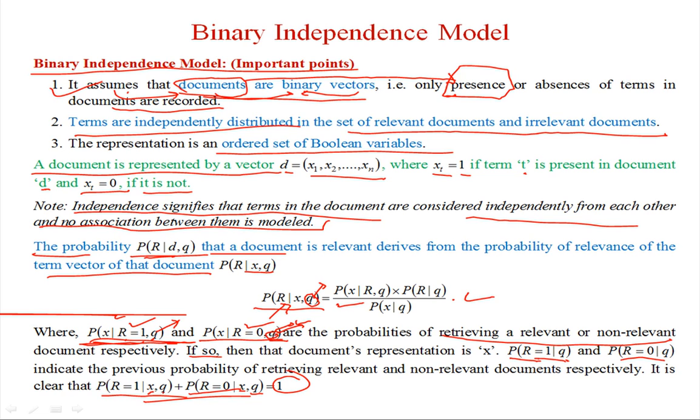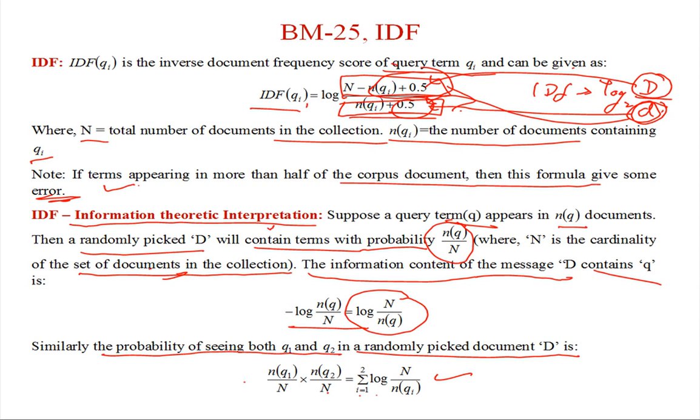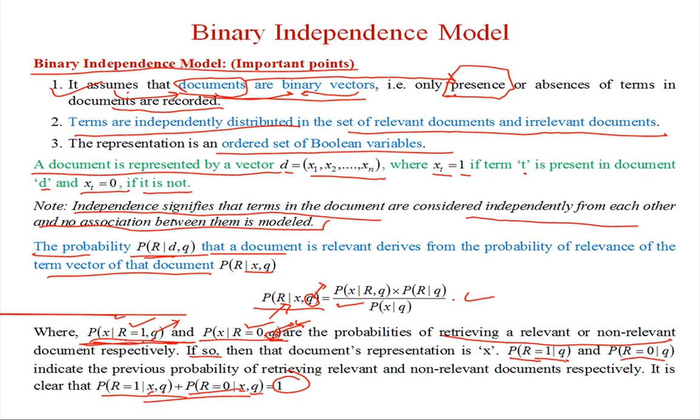Previously we described the information theoretic background behind the IDF form. Now this is the extension of that background in the case of multiple terms. Earlier we had only one term, but here we have more than one query term. So the first thing is to identify whether, with the presence of that query term, the arrived documents are relevant or non-relevant, and if the query term is not present, whether documents are relevant or non-relevant.